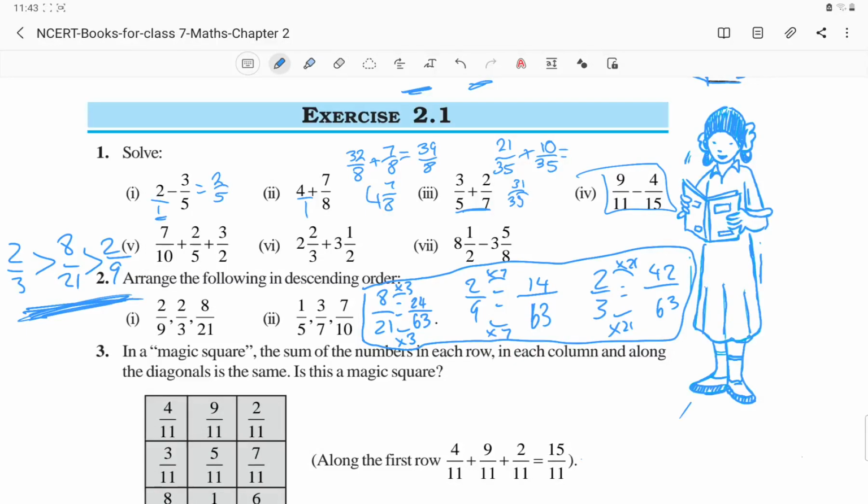Thirty seconds. Fifteen seconds. Three, two, one. Okay, I hope you have all found out the answers. And okay, I will tell you the answer for this now.